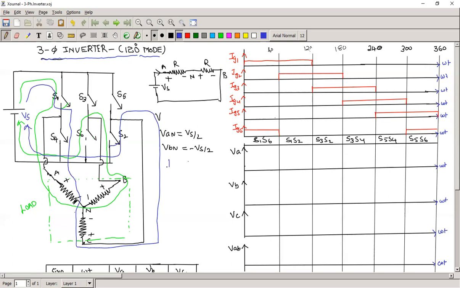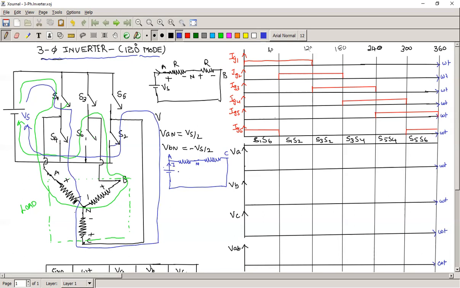here, Vs, current is entering into the A phase, neutral, and again from neutral to the C phase.